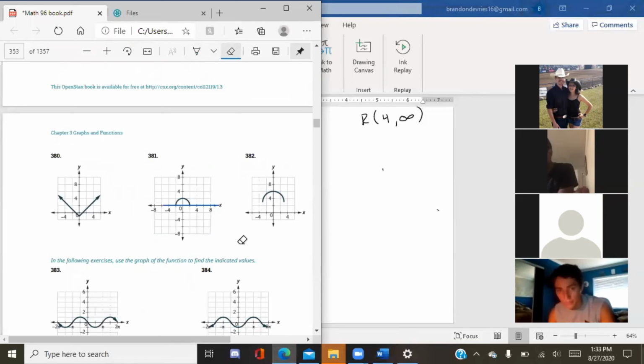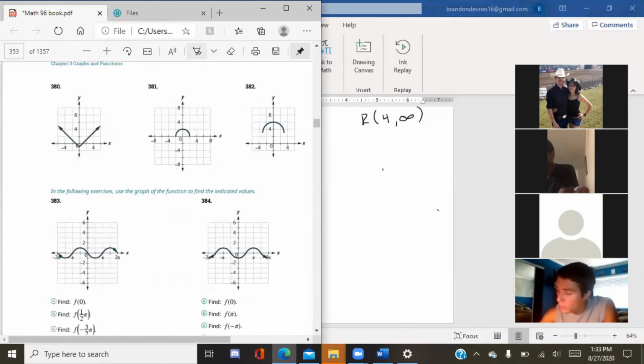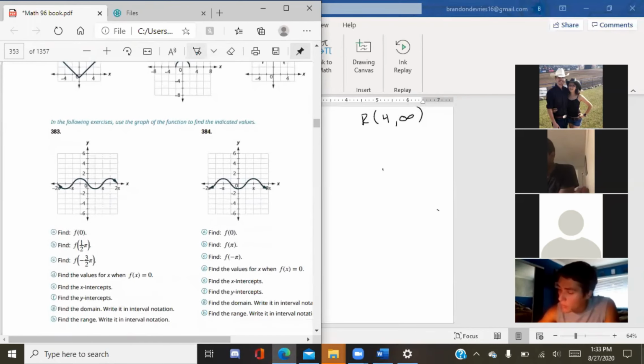Don't write in your books. 383. So in the following exercises, use a graph of the function to find the indicated values. Oh, so these are x's right here, huh? Yeah.